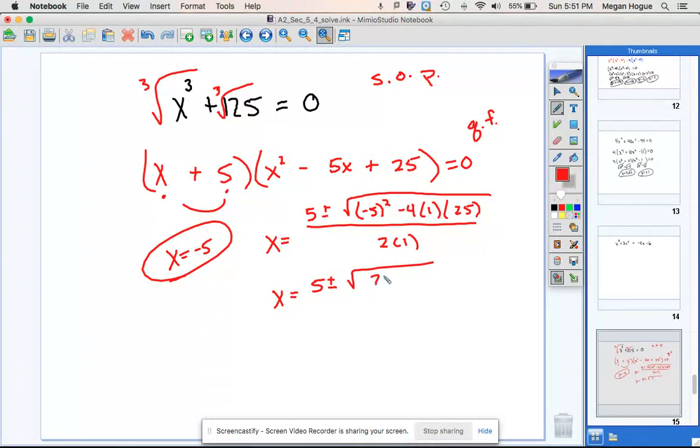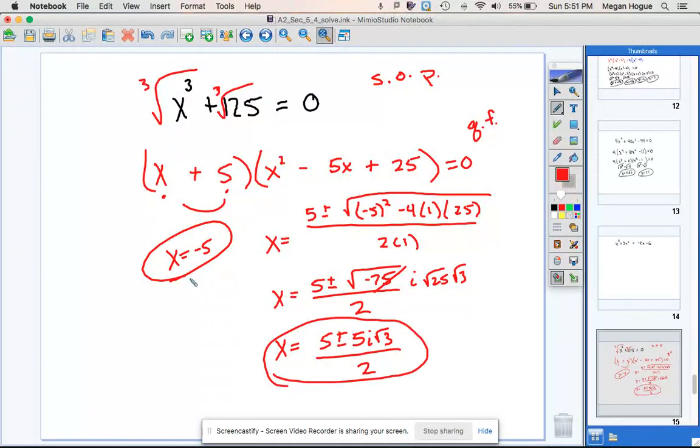So this would be, we're going to get to do some reducing. Whoops, negative 75, all over 2. So I know I'm going to need an i. There's also 25 in there 3 times. So we're going to have 5 plus or minus 5i square root of 3 all over 2. And don't forget you do have that negative 5 as an answer as well.